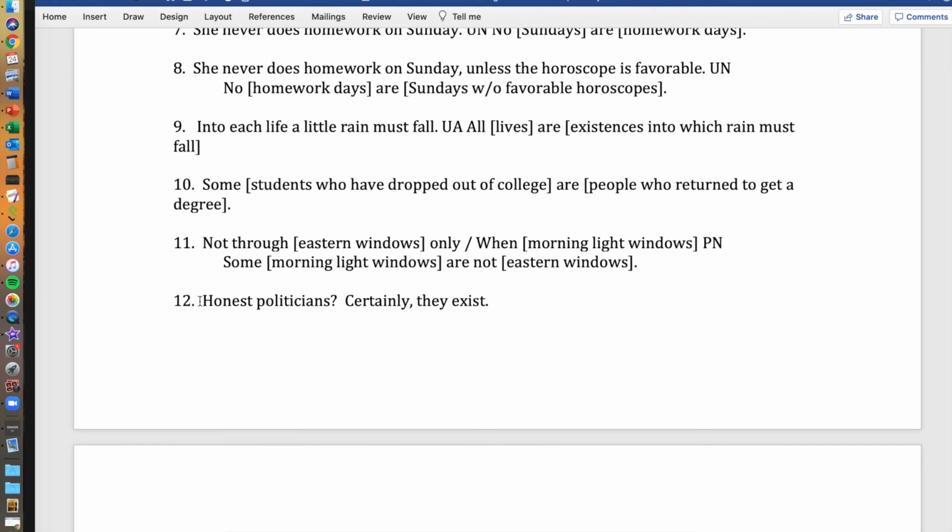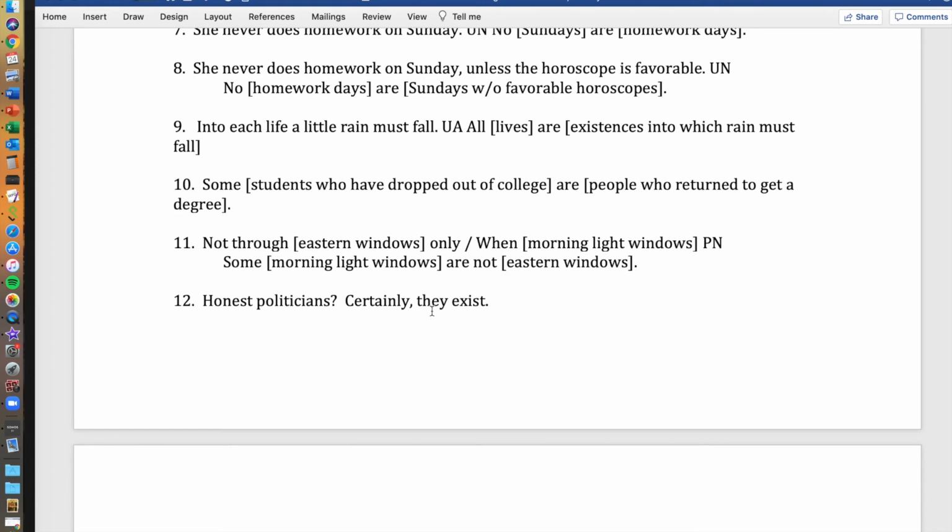Honest politicians, because that was the term used in the question. Certainly they exist. And to suggest that they exist doesn't mean that every one of the politicians we're talking about is honest, but we know that the person making a statement like this or answering this question in this way believes there's at least one honest politician.